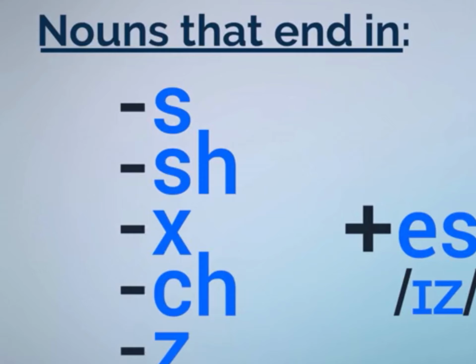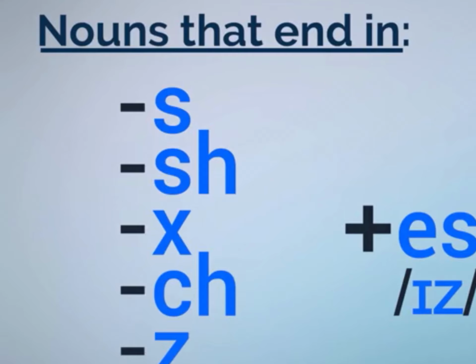We're hearing IZ. Again, bush for singular, and then bushes for the plural. We're writing ES for bushes, but the pronunciation is bushes, IZ. Also, fox for singular, foxes for plural, and when we pronounce it, we are hearing foxes, foxes.